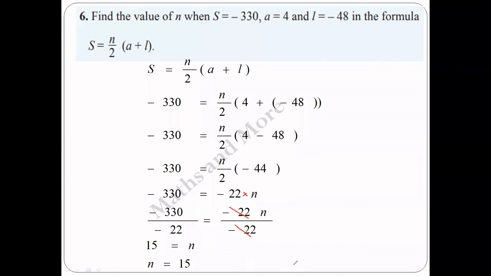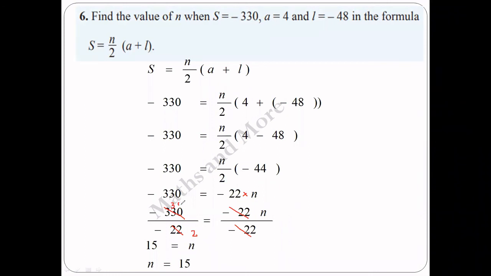Plus. Now divide minus 330 by minus 22. Let's divide by 11, that is easy. 11 into 2 is 22, 11 into 3 is 33.